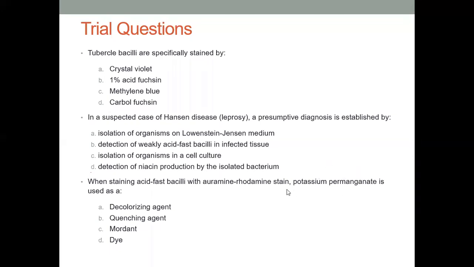The true use of potassium permanganate is as a counter stain, but they didn't bring it as part of the answer, so you'll be confused. Even though potassium permanganate is a counter stain, they just want to know whether you know that it is a quenching agent. And that is that.